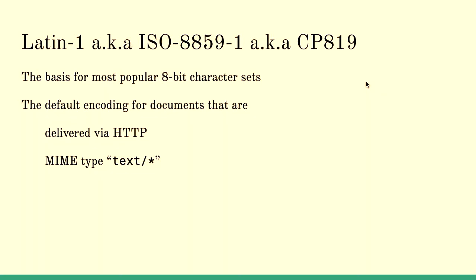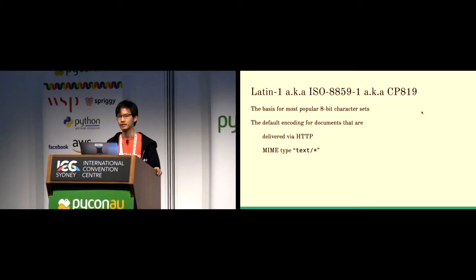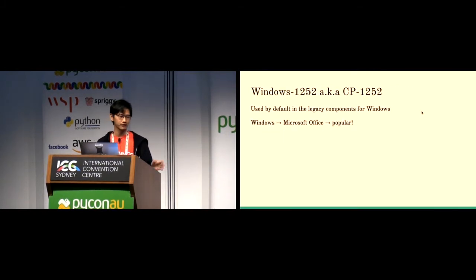That's why this is so popular. It's also the default encoding for documents delivered via HTTP that have the MIME type text/something. So it's the default of many things, which is why it's so popular.